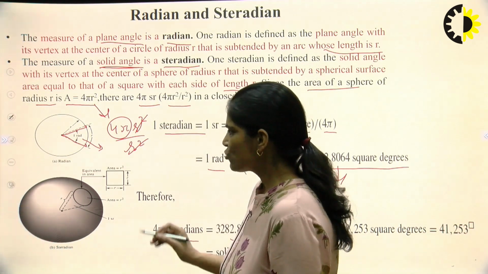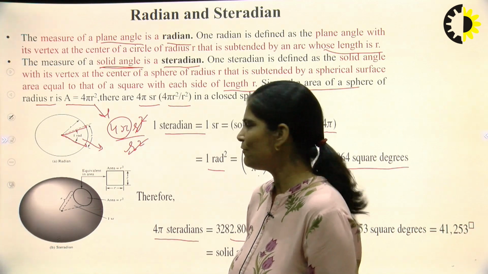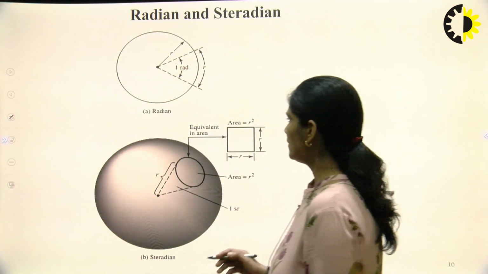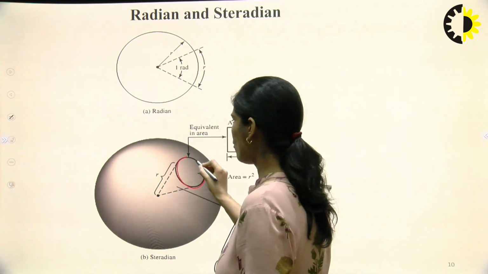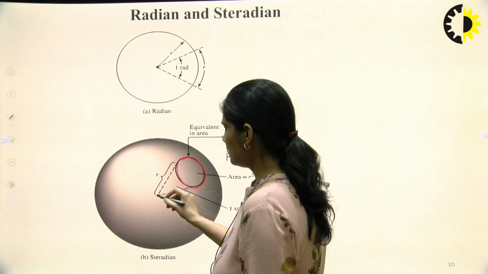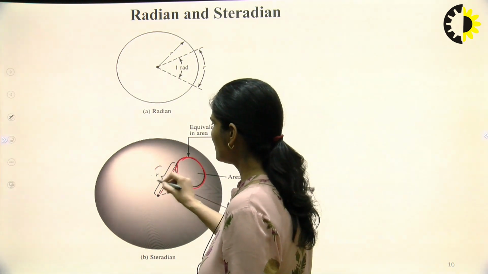But if you have a solid angle, you can measure the solid angle in the form of steradian. Let it be you are taking some part, this is your solid angle, you are taking some area of this solid sphere and you are measuring this area from the center of the sphere. So this is represented as r.